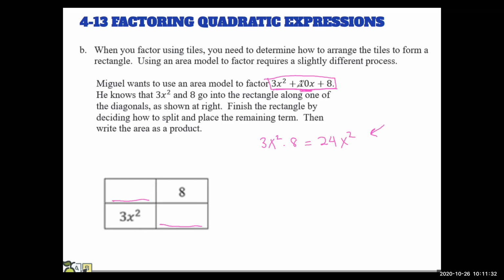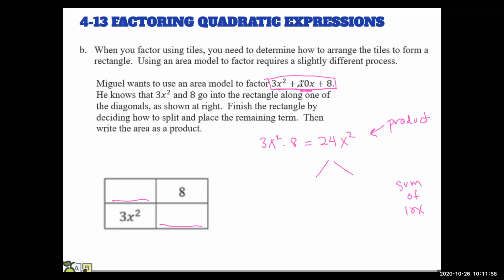So we're trying to break down the 10x's here and here. So we need them to add up to be 10x. So we need a product that is 24x squared, but we need the two terms that we pick to have a sum of 10x.